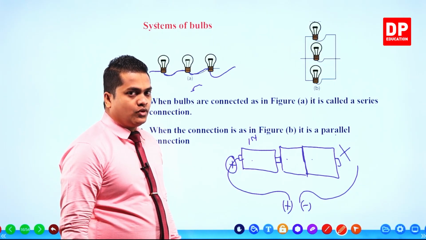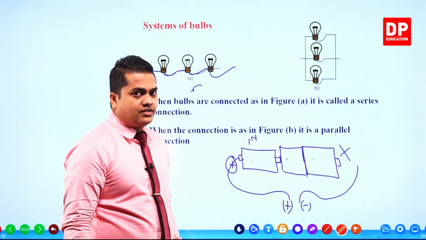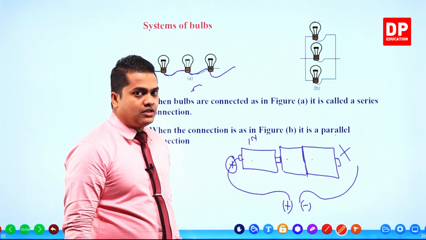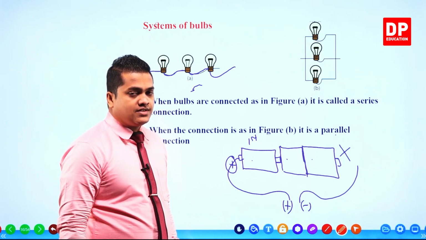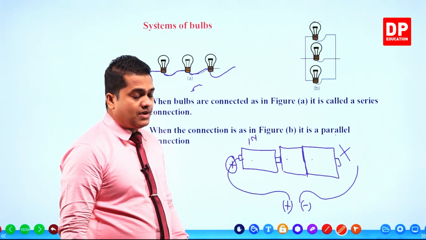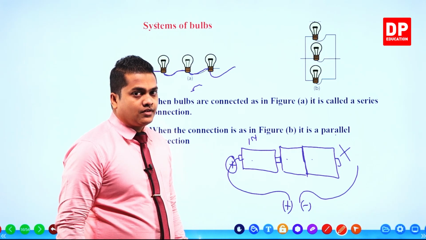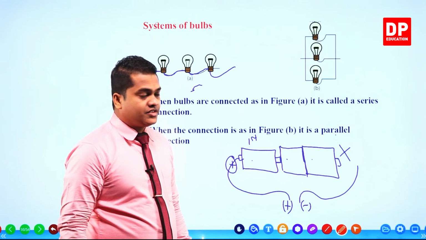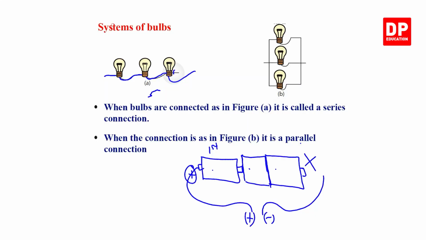So in your textbook, there's a small change that we have to make. It's wrong. Otherwise, this third bulb or the entire bulb system will not work. So we have to recorrect it. This is the correction. It should not come from here. It should come from here.